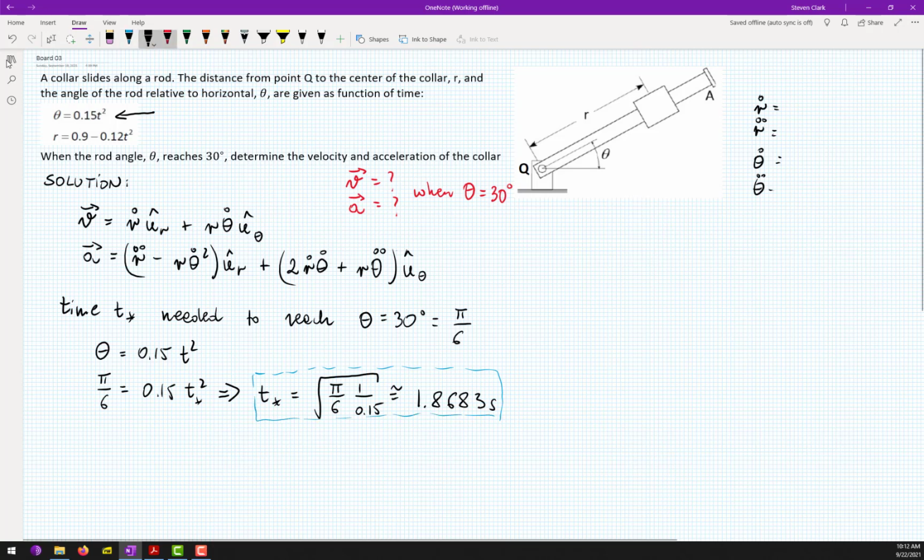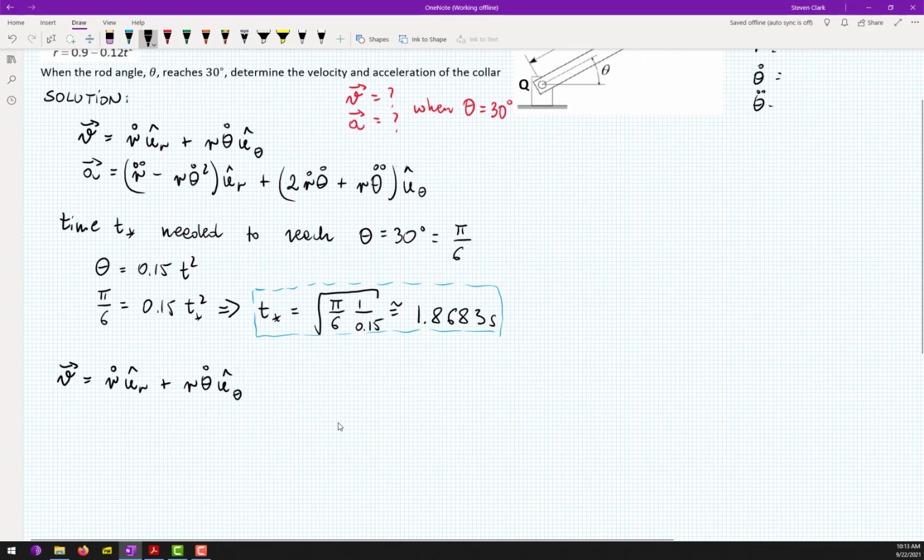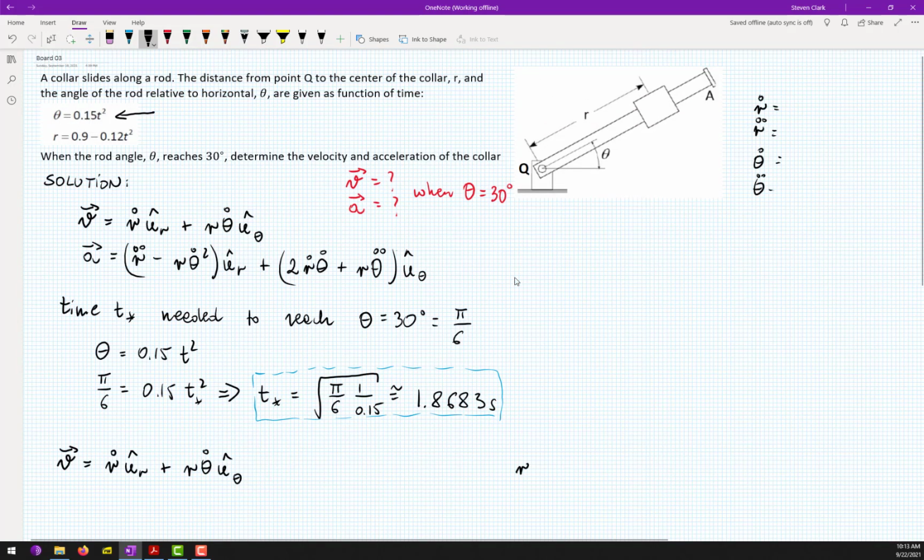Now velocity. Let's find velocity. Okay, so I think that to find velocity, we need r, which is here, 0.9 minus 0.12 t squared, r dot.